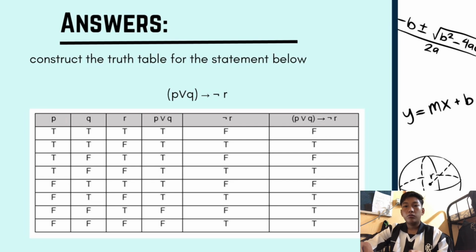And R, true, false, true, false, true, false, true, false. P or Q, true, true, true, true, true, true, false, false. Not R, false, true, false, true, false, true, false, true. And lastly, if P or Q then not R, false, true, false, true, false, true, true, true.